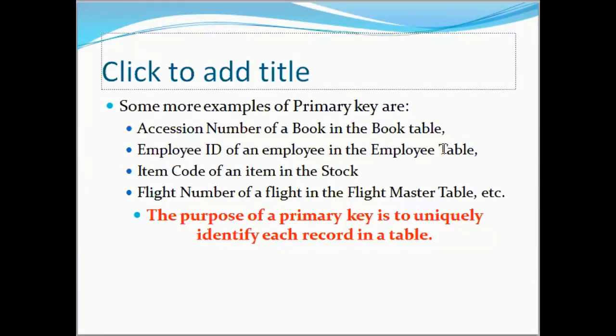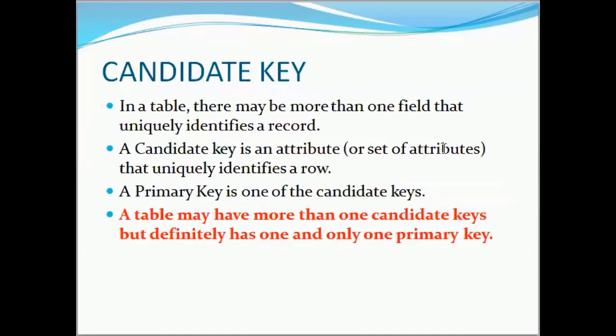So the purpose of primary key is to uniquely identify each record in a table. What is candidate key? In a table, a collection of keys that uniquely identify a record. For example, in the student table, a student can have an admission number, a roll number, an email ID, and a telephone number.